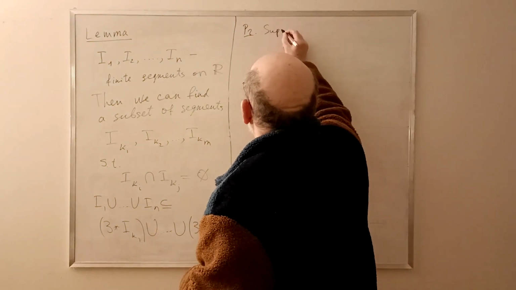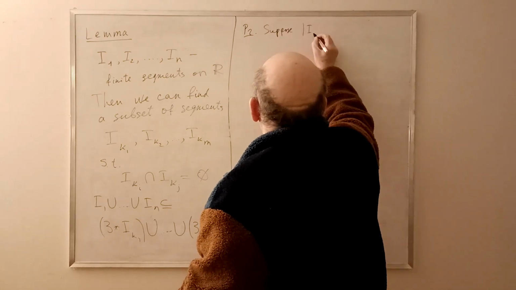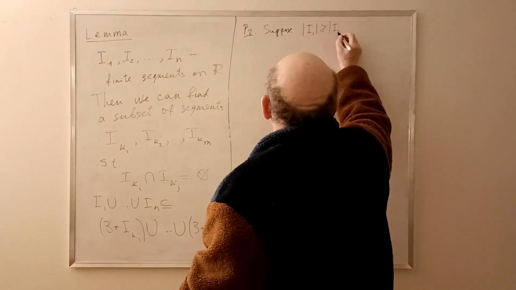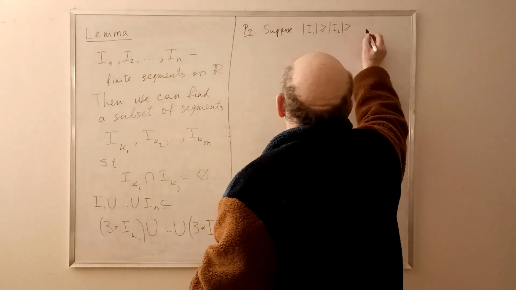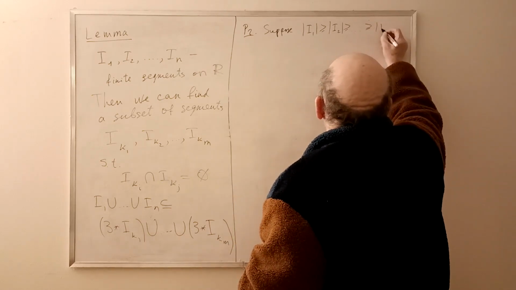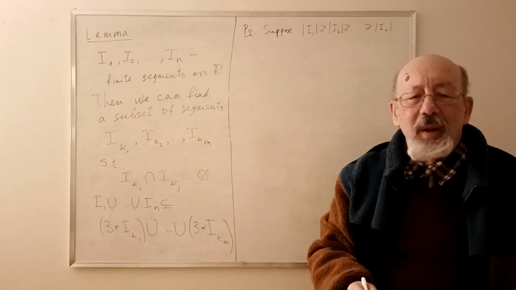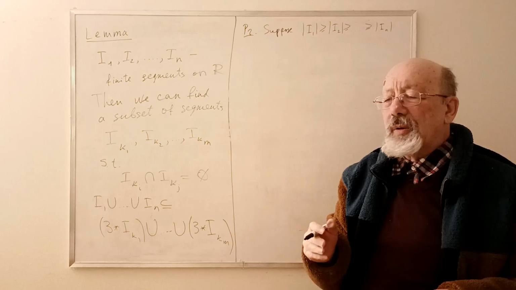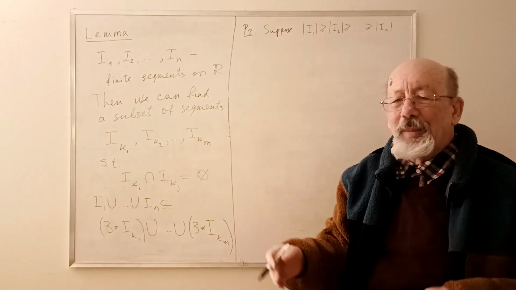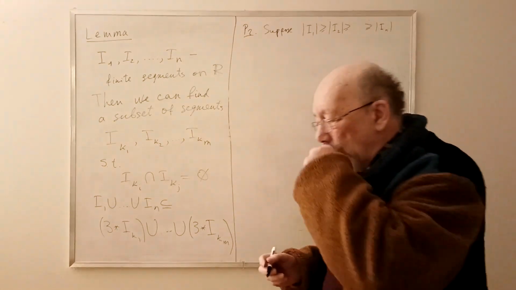Suppose that the length of I1 is more or equal than the length of I2, and so on, and the shortest is the segment IN. If they are in a different order, we simply rearrange and number them so that we always have this situation.